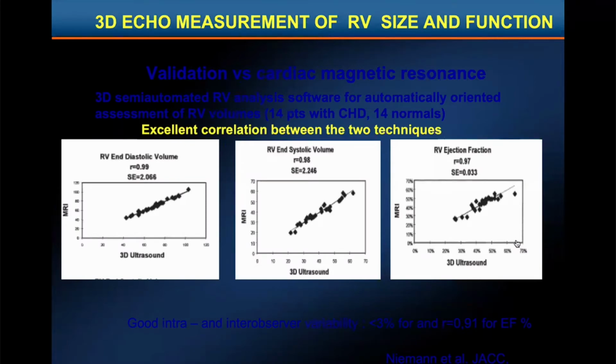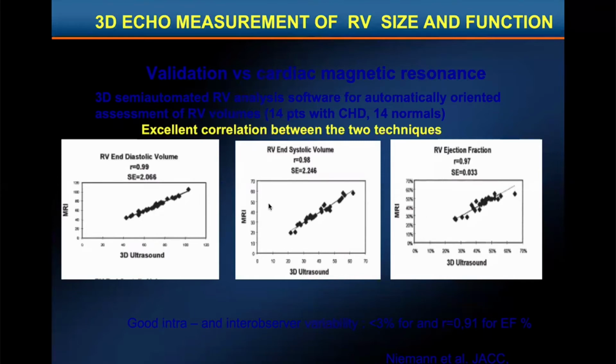The validation of this data was against the data from cardiac magnetic resonance. There are some studies looking at semi-automated right ventricle analysis with 3D software for automatically validated assessment of the right ventricle volumes.